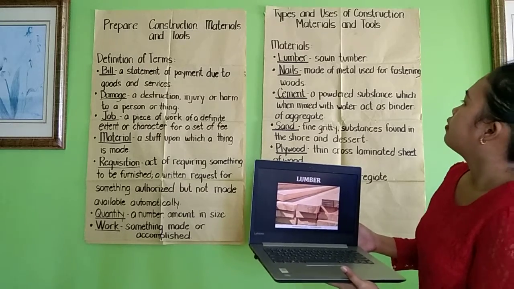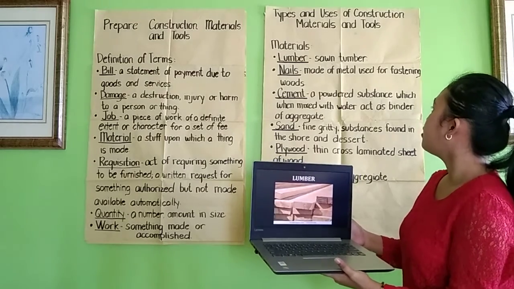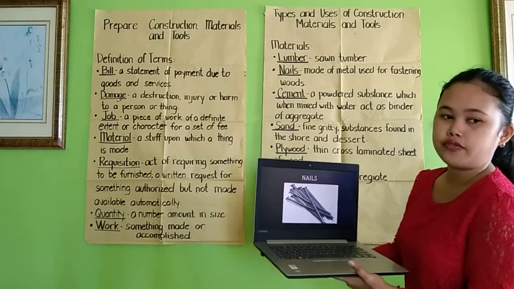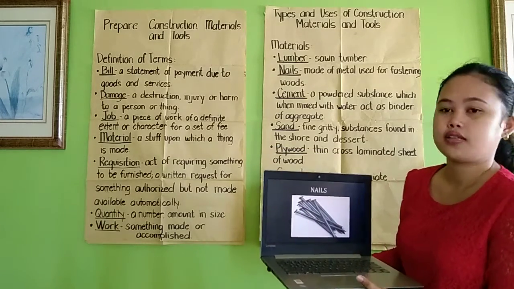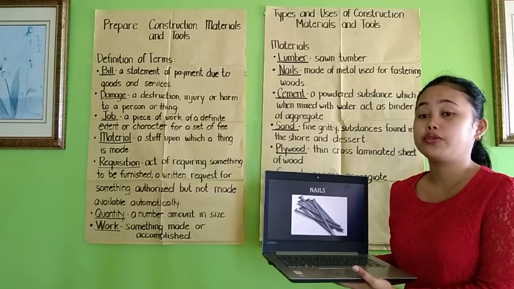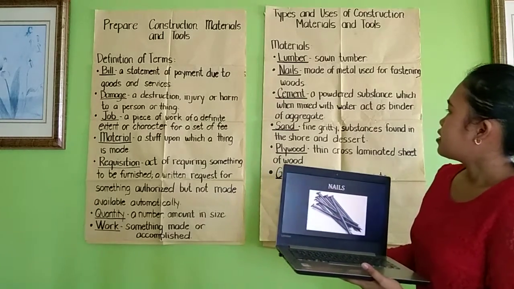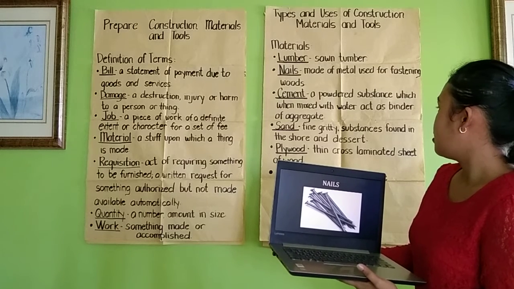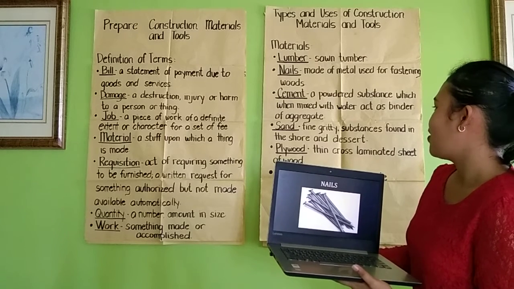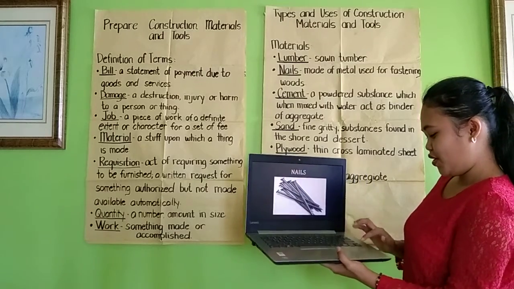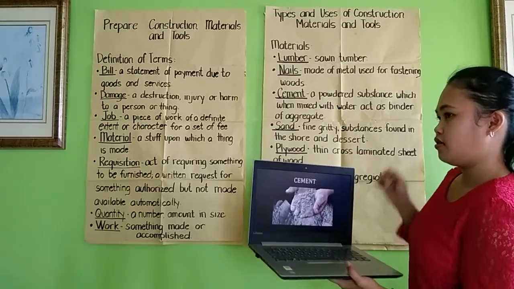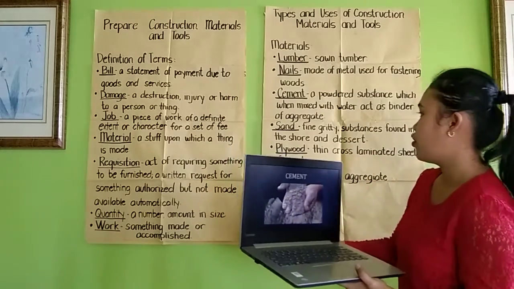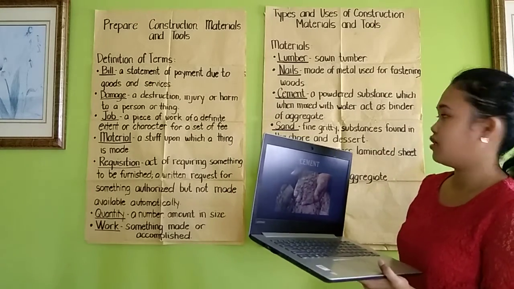Next is nails. This is made of metal, used for fastening wood. This is a nail, for those who don't know what nails are. Next is cement, a powdered substance which, when mixed with water, acts as a binder of aggregate. This is what cement looks like. It is mixed with water to become stronger and compact.